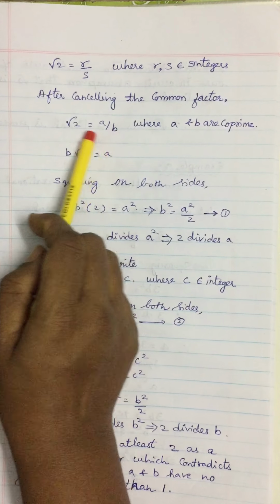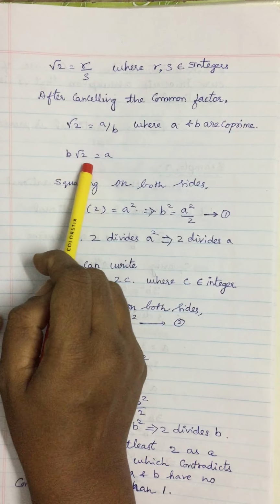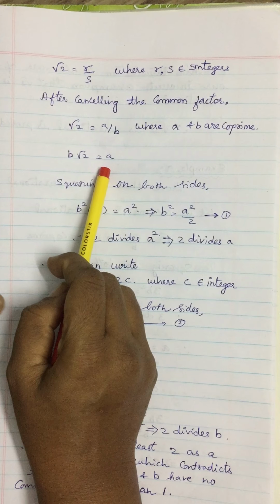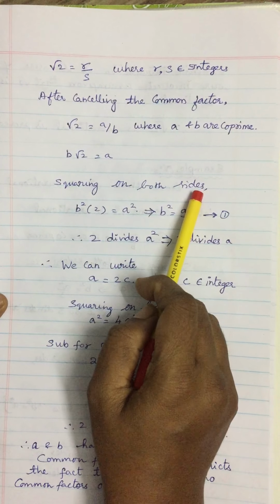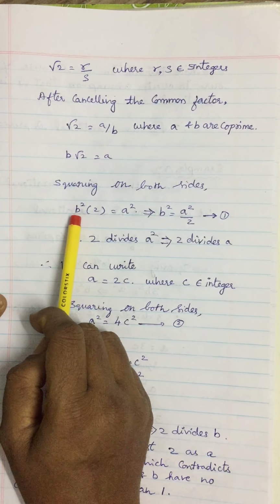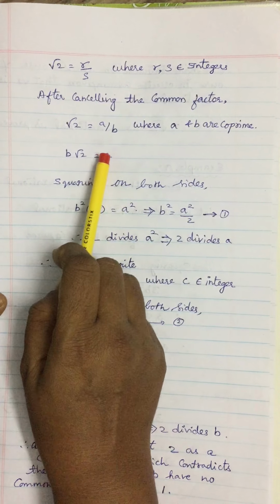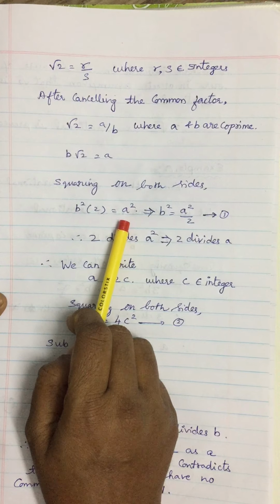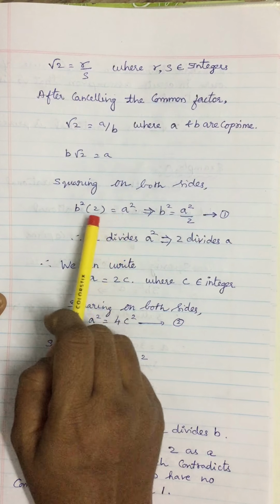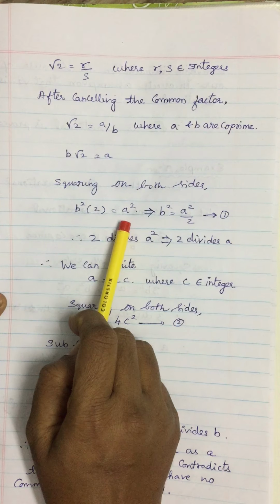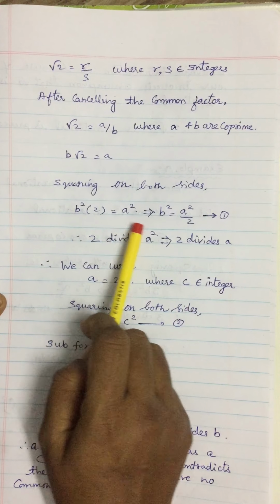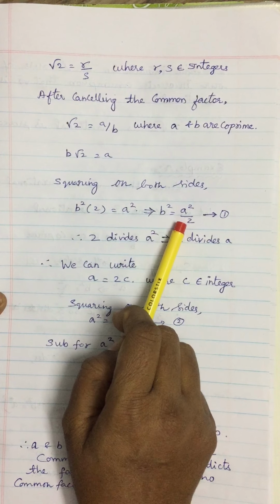Then what do you do? You take B to the other side. B root 2 is equal to A. Now squaring on both sides, B on squaring will give you B square, root 2 squared is 2, is equal to A on squaring will give you A square, right. Therefore, you bring 2 to the denominator of your A square. So B square is equal to A square by 2.